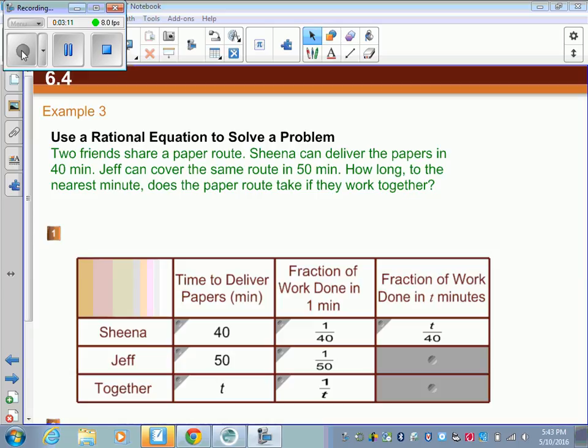Same thing for Jeff: took his rate and multiplied it by the t. How much of the total job is he going to do? And then it has to equal 1, because it's one full job. Sheena's doing this portion, Jeff's doing this portion, and together they're doing 100% of the work.